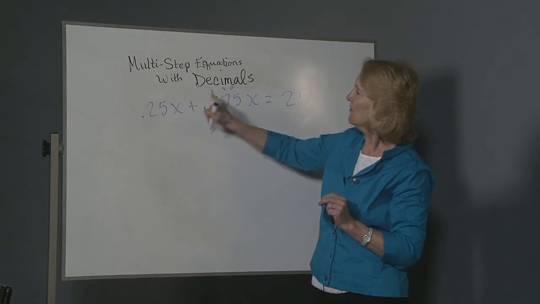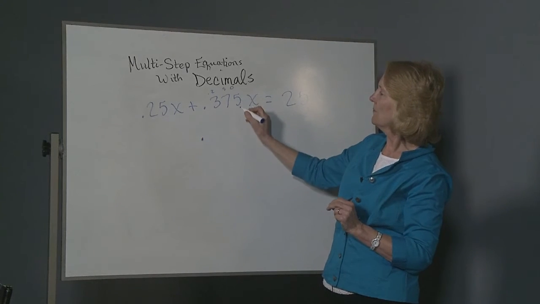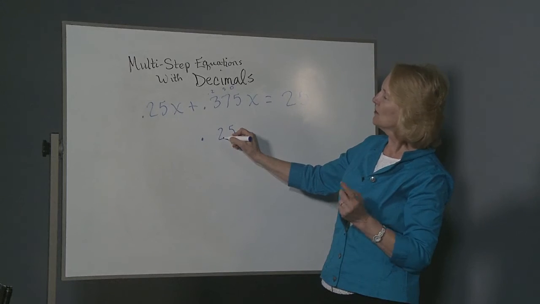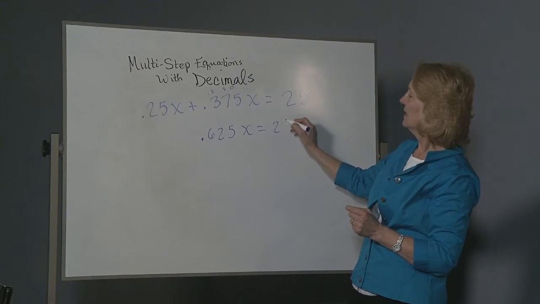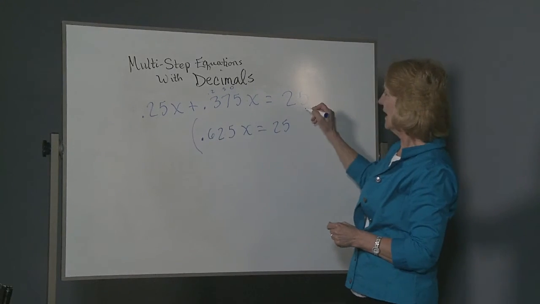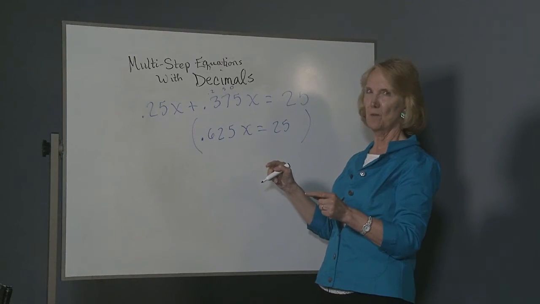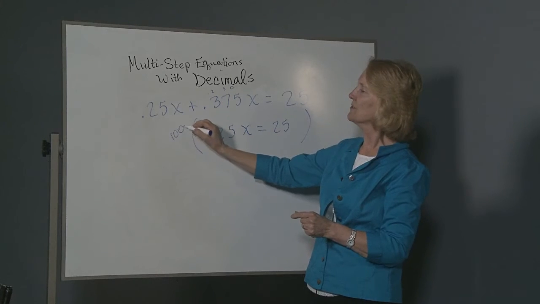You make this one have a 3rd digit, so we're still going to start out with those two adding up. 0 and 5 makes 5, 5 and 7 makes 12 with the carry here, so you get this. Okay, then you can multiply everything to get rid of the decimal. If we multiply by 1, 2, 3, we have to multiply it by 1,000.